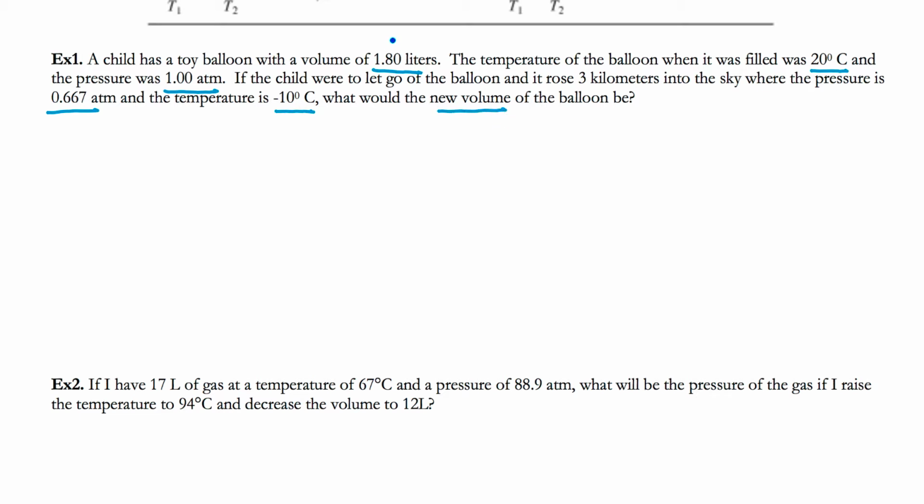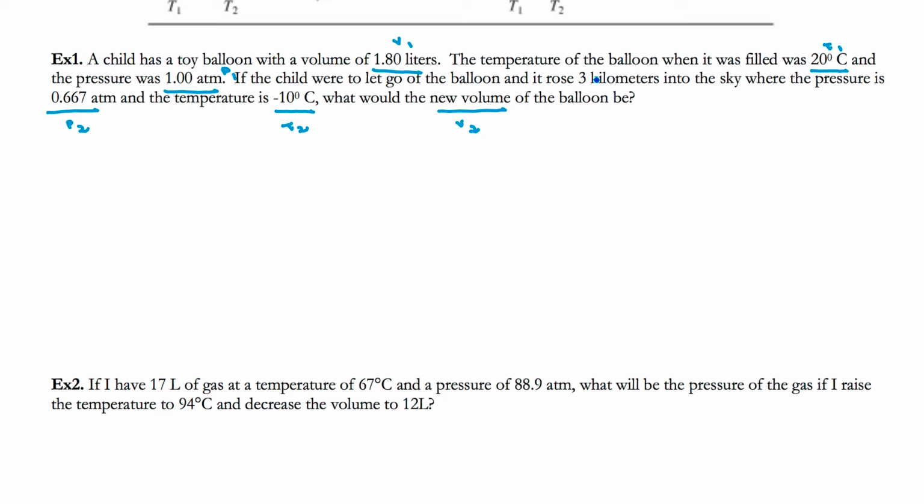So notice, this is my V1, this is my P1, and this is my T1. Those are my initial conditions. Then my pressure will decrease, so that's my P2. My temperature is also going to decrease because that's what happens when you go up high in the atmosphere. And then I'm solving for my V2.